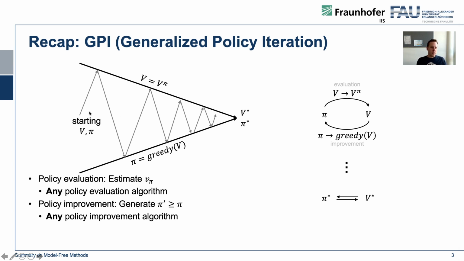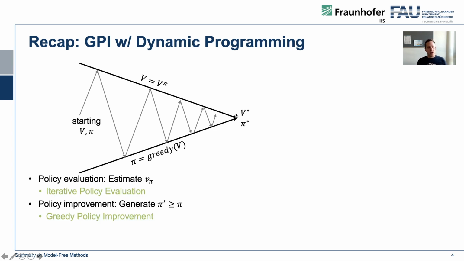The policy evaluation step estimates a value function under a policy pi, and the policy improvement step improves the policy by taking argmax operations over the estimated value function. And through these interleaving updates, we end up with the optimal value function and the optimal policy.